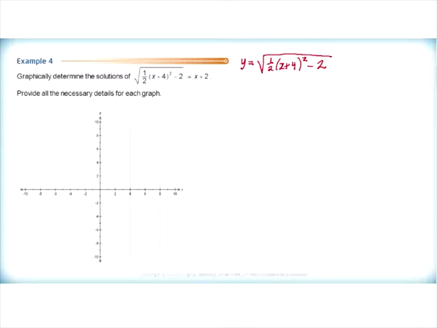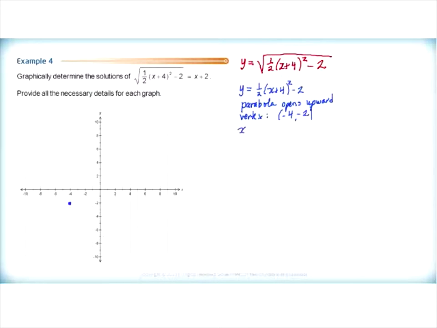Before we graph the square root function, we need to sketch a graph of the original parabola. So in looking at y equals 1/2 times x plus 4 all squared minus 2, we have a parabola that opens upward. The vertex of that parabola occurs at -4 and -2.